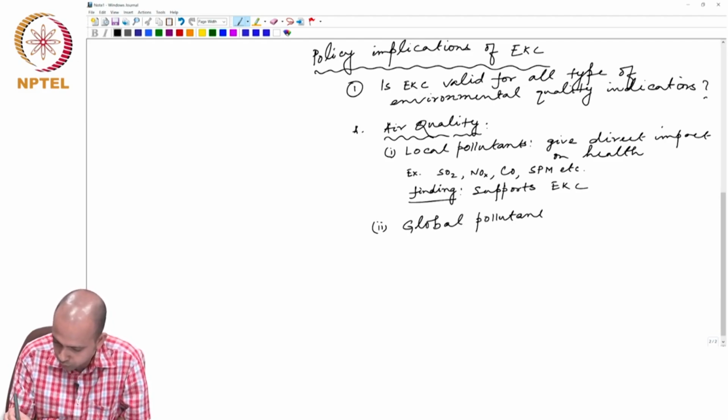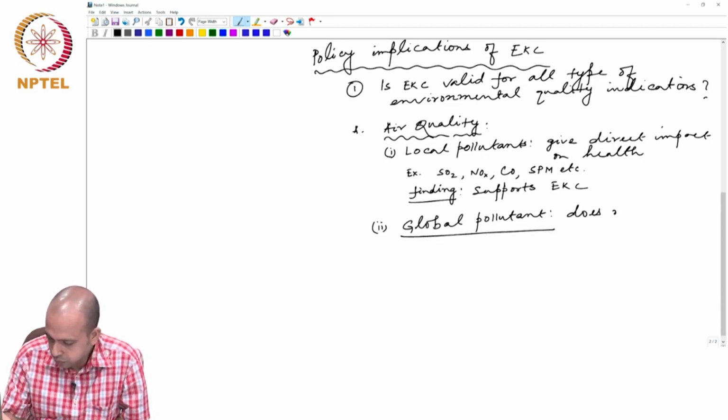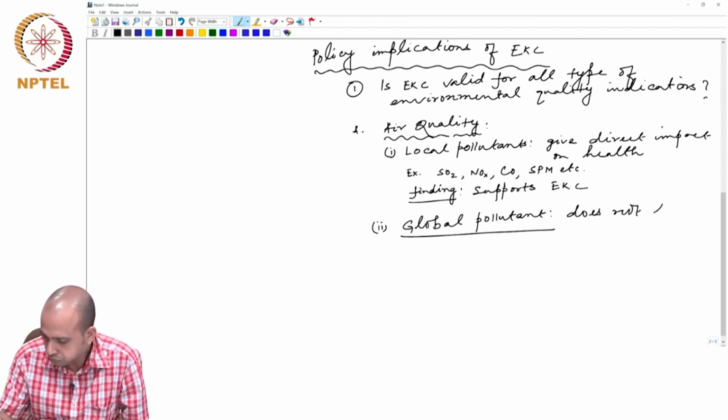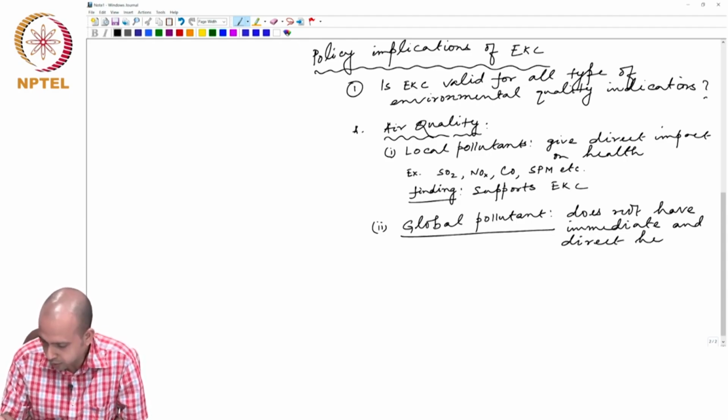Global pollutant does not have immediate and direct health impact.